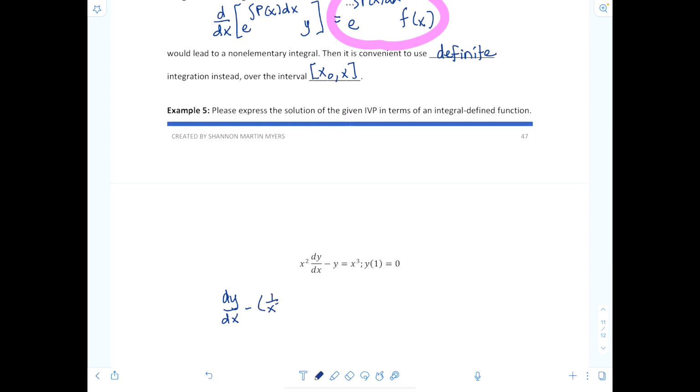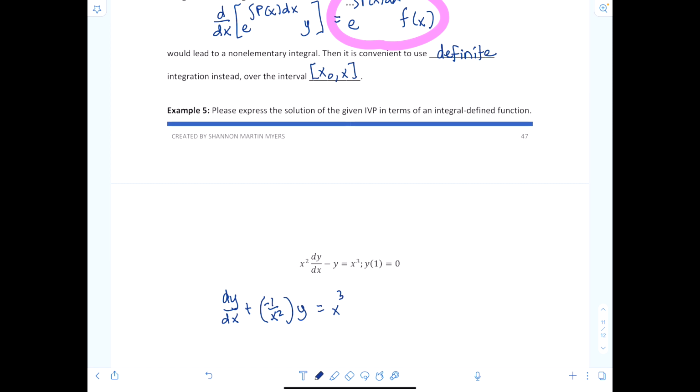One over x cubed times y. That gives me my p of x. Well, actually, negative 1 over x squared will be my p of x, and then that equals x cubed.